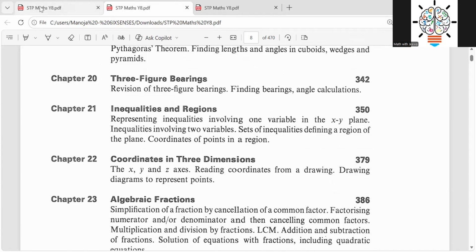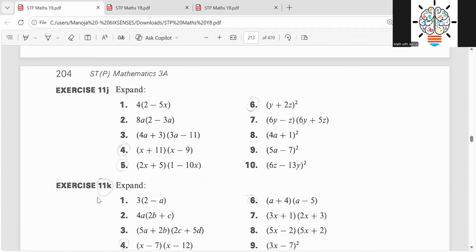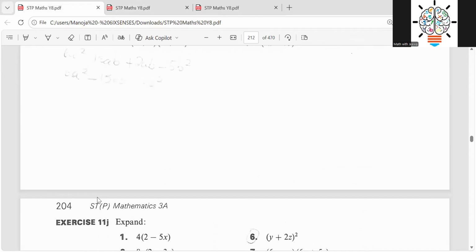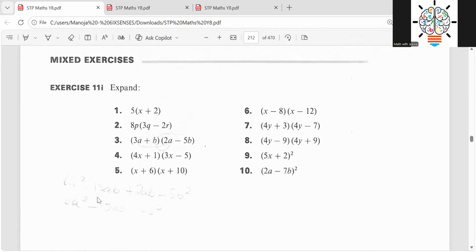So I'm not going to explain the theories separately. Considering the mixed exercises, I'm going to explain the theory through them. Now you just look at this.